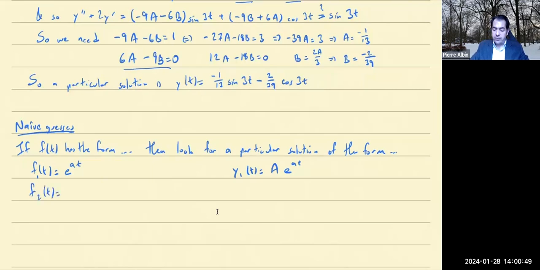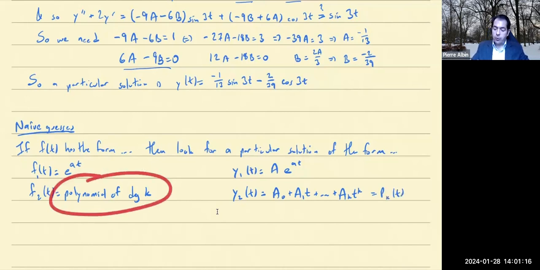F2, if the forcing function has the form of a polynomial of degree k, then let's call it y2. What you should look for is, well, try a general polynomial of degree k. Call this piece p of k of t. So it doesn't really matter what form the polynomial the forcing function has.